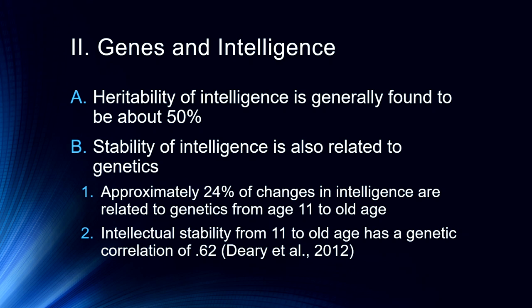So going from 11 to senility, your genetics are going to play a key role in whether or not you maintain that intellectual ability as you age, from being a child to getting into older age in your 60s and 70s. So there is a significant genetic component to your intellectual capacity and whether or not you maintain it as you get older. That's an important thing to keep in mind.